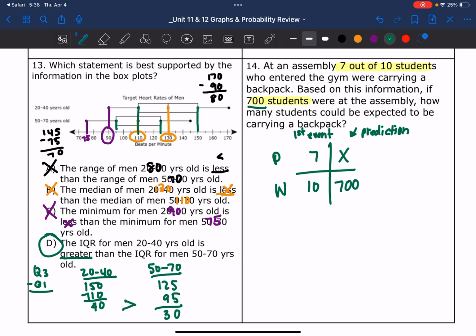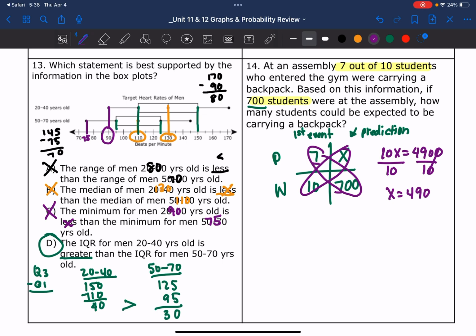Now what you're going to do is 10 times X, which is 10X, equals 7 times 700. I know that 7 times 7 is 49. I add those two zeros, divide by 10, so I get X is equal to 490.